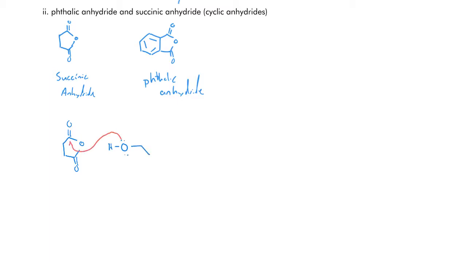The first thing we have to expect is nucleophilic addition onto that succinic anhydride carbonyl carbon. That breaks the pi bond to the oxygen, and we form a tetrahedral intermediate with that ethanol attached to the carbonyl carbon. And then the pi bond reforms and kicks off that carboxylate leaving group.